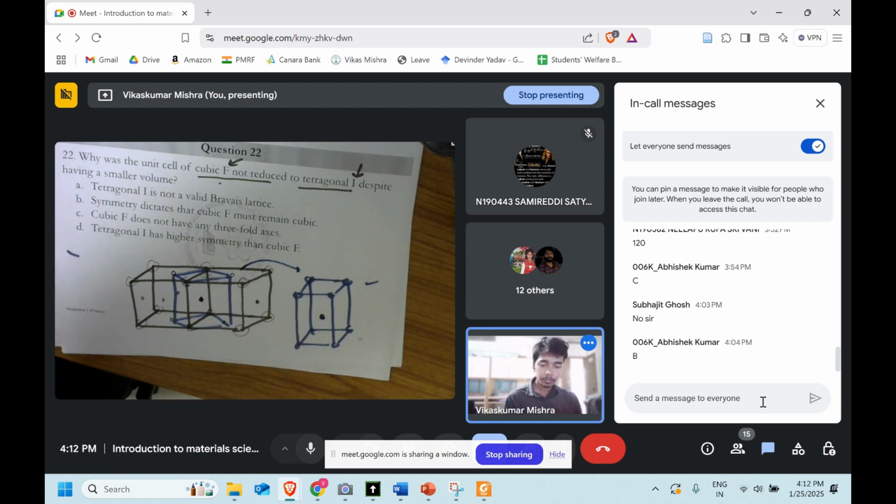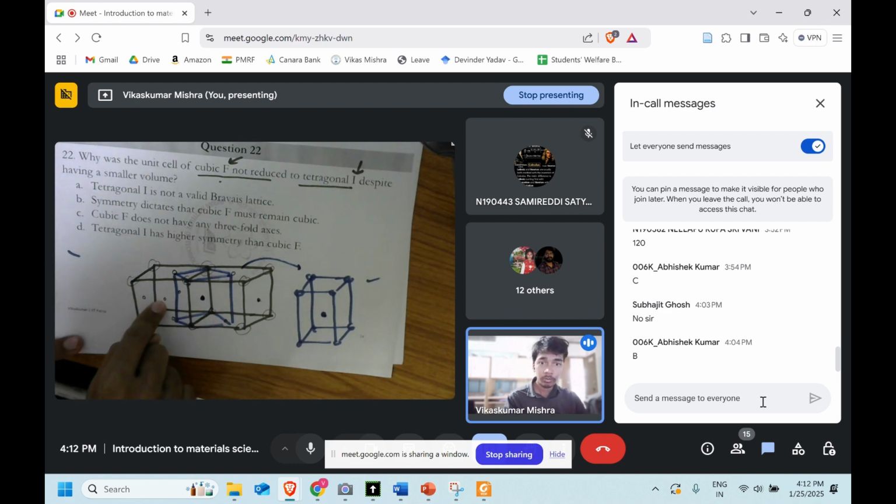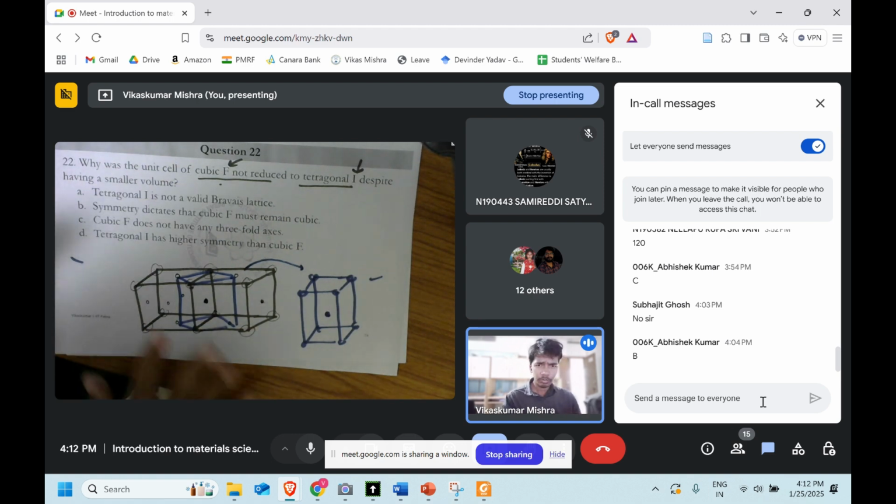The reason is that for any conversion to occur like this to this, a symmetry should be satisfied. If symmetry is telling that no, this is a cube, then it will remain as a cube. If symmetry is telling that no, it's not a cube, convert it to something else, whatever the symmetry is telling, then we will convert.